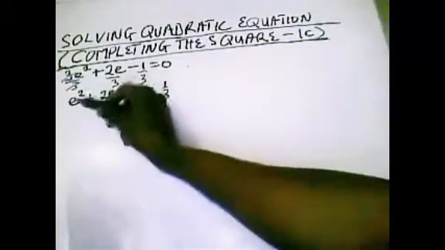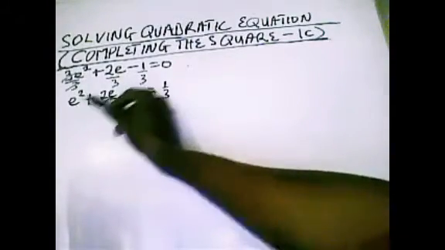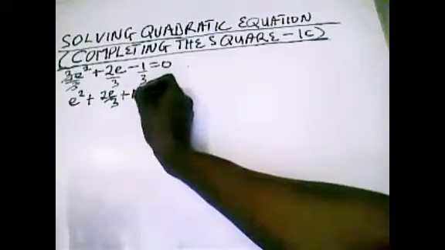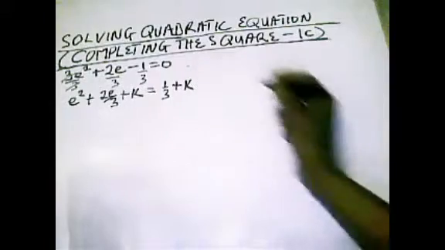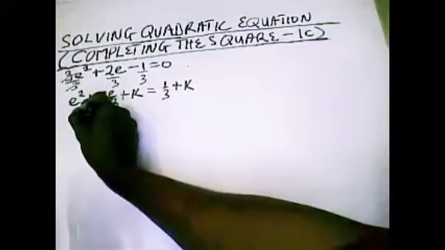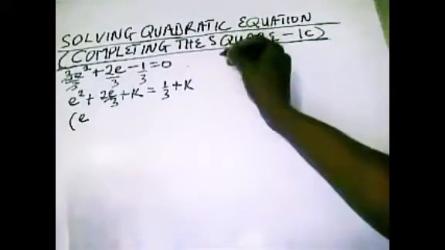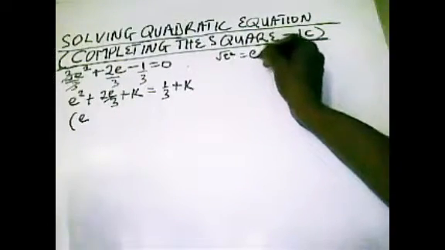So you can agree with me here that e squared is now a perfect square. So what we have been doing, we introduce the value that will complete the square here and also introduce it on the other side. Then from here, we move on by putting our bracket. Here we have e, because the square root of e squared will give us e.